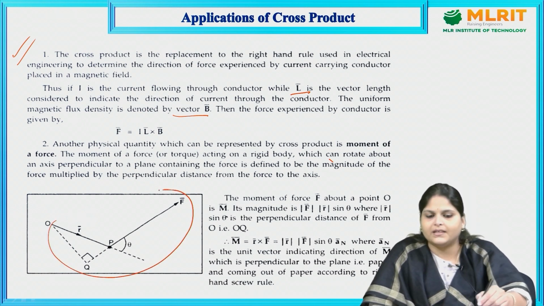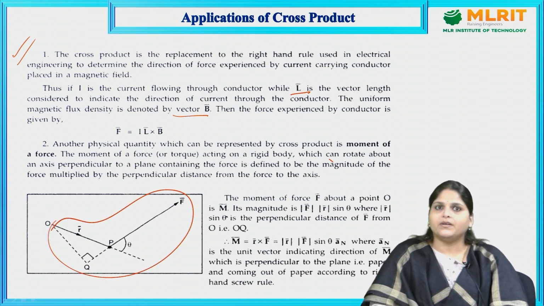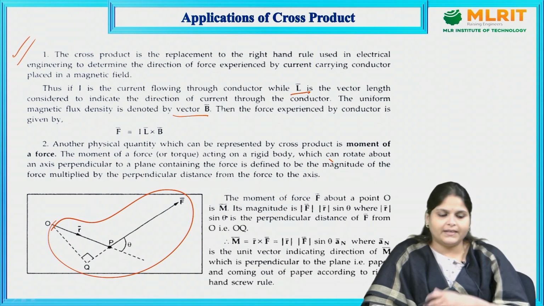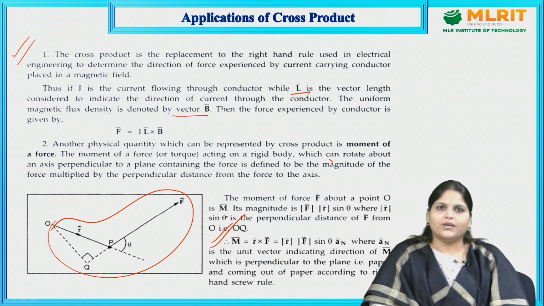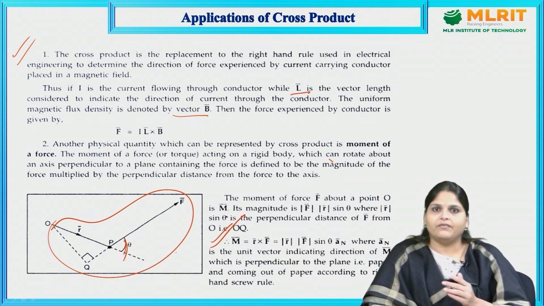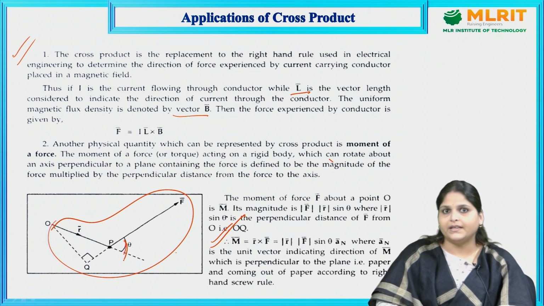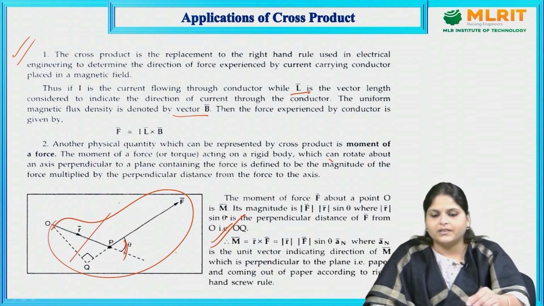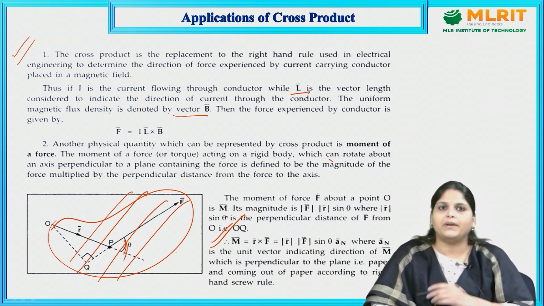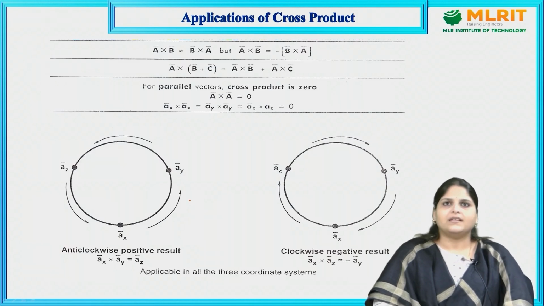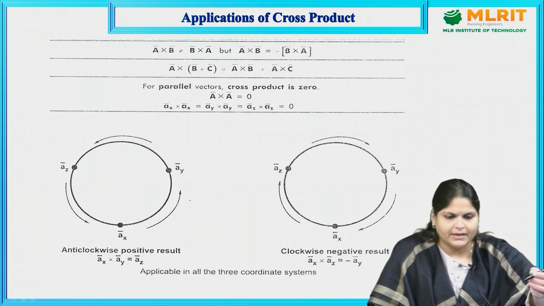Consider this diagram: the perpendicular distance from the force to the axis. This M equals R cross F, given by mod of R mod of F sine of the angle between both of them, and AN, where AN is the unit vector indicating the direction of M, which is perpendicular to this entire plane.